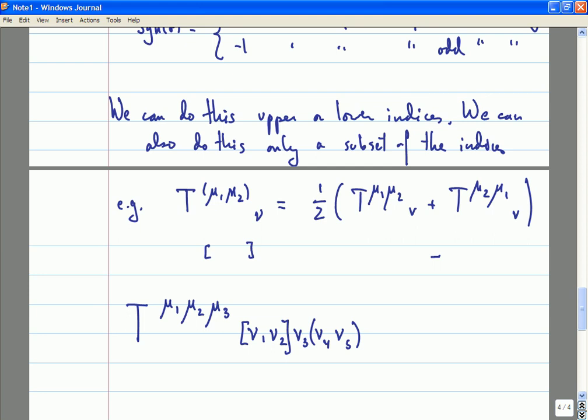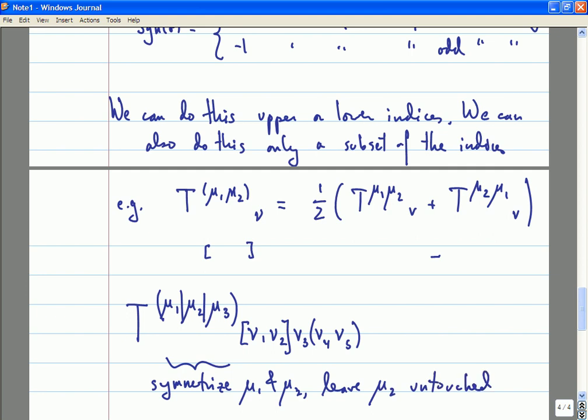When we do that, we usually denote it like this. So this symbol means that we symmetrize mu1 and mu3 and leave mu2 alone. Occasionally I'll use that notation, or you'll see people using that notation when you want to symmetrize indices that aren't next to each other. It's a bit of a cumbersome notation, so usually we'll go out of our way to try and only symmetrize or anti-symmetrize indices that are next to each other.